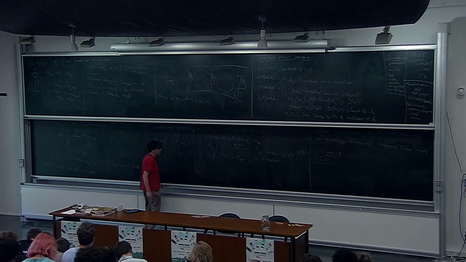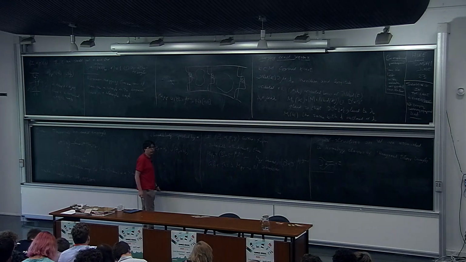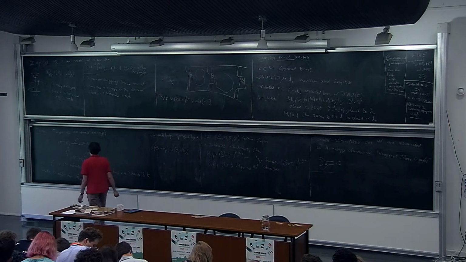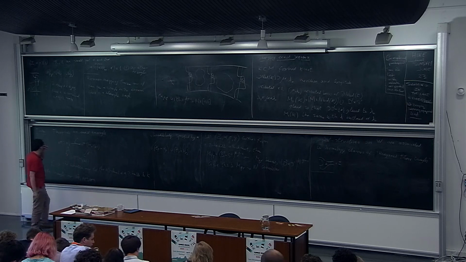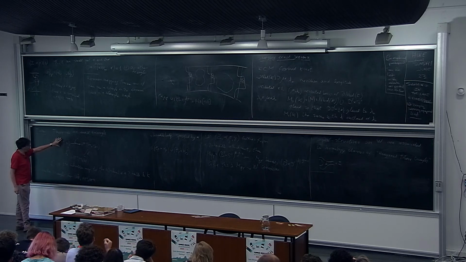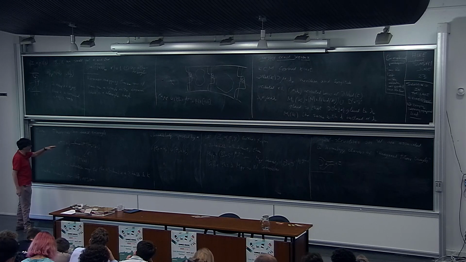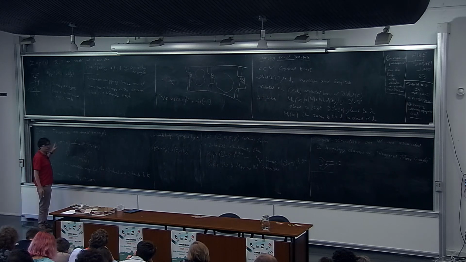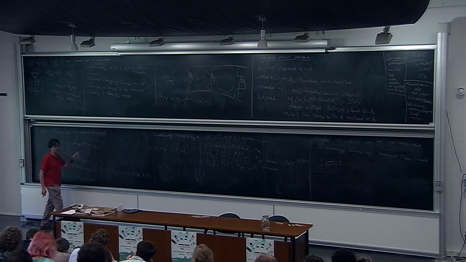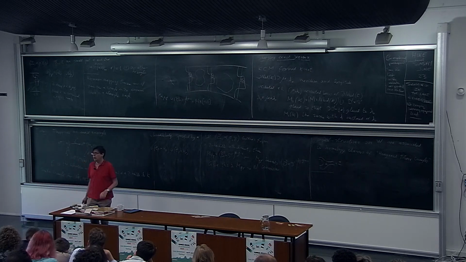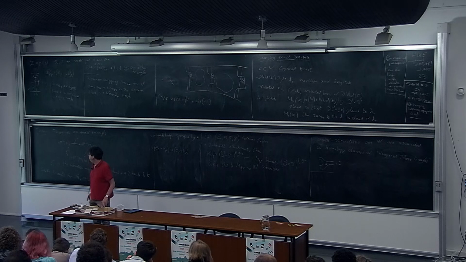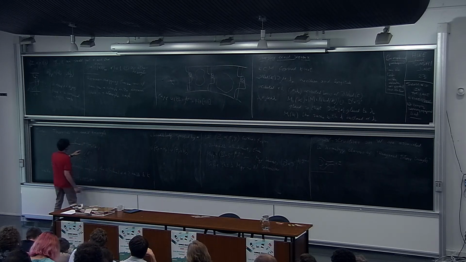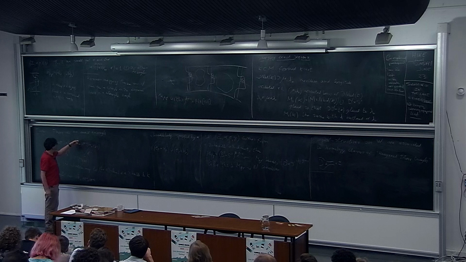Okay, the proof of this is a long story, so I will be sketchy, and I will sketch it for HF hat, because for the minus, plus or infinity versions you need some non-trivial gluing theorem, so you need to really do some analysis, while the hat version is mostly a proof by pictures. An exact triangle means that the kernel of one map is equal to the image of the previous one.